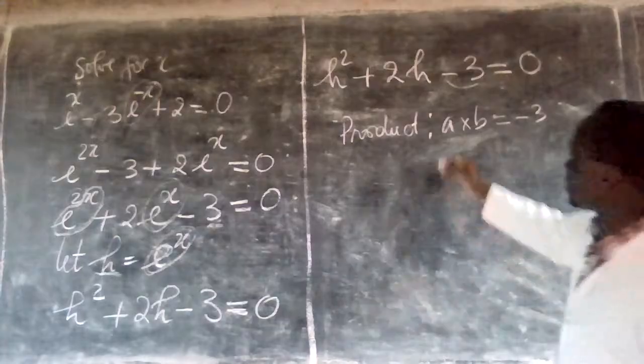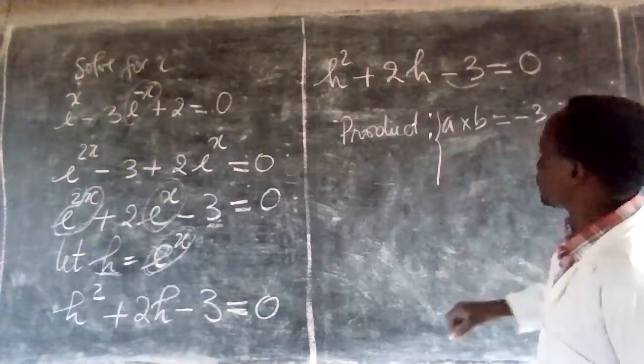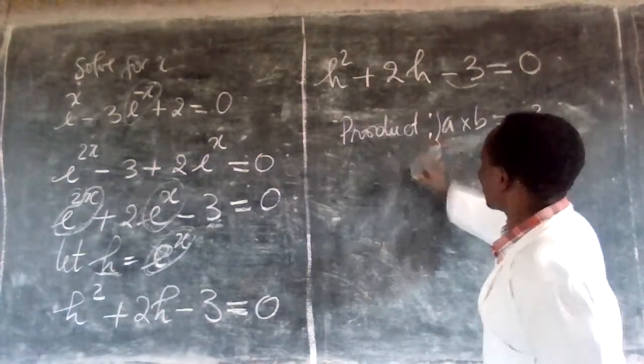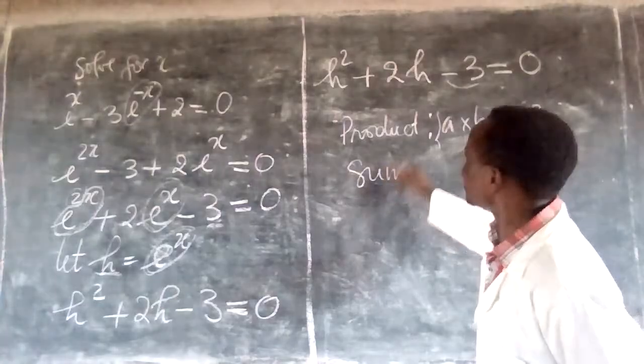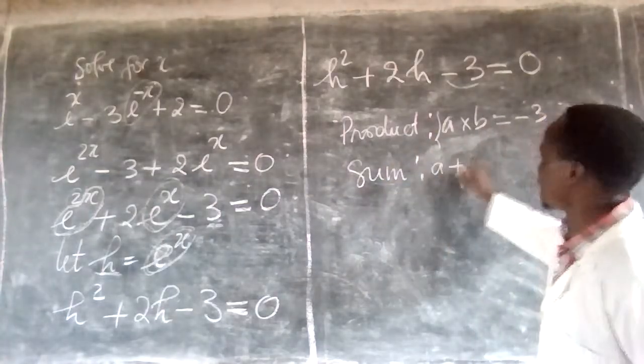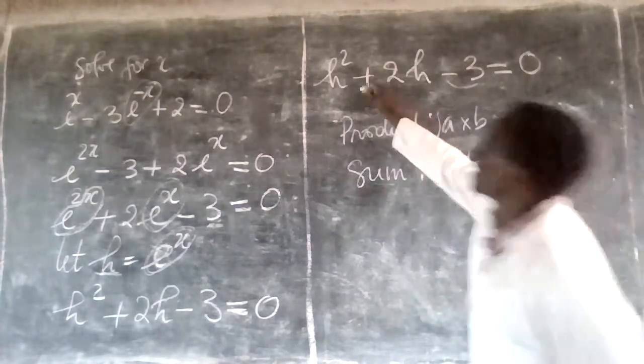Now, also, we take the sum of A plus B. It will be plus 2.